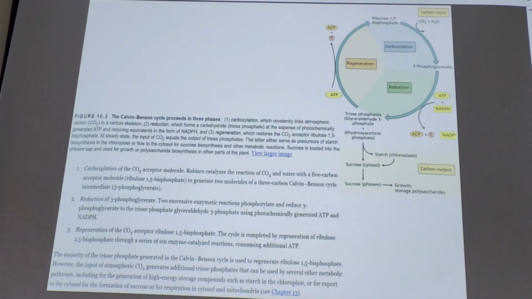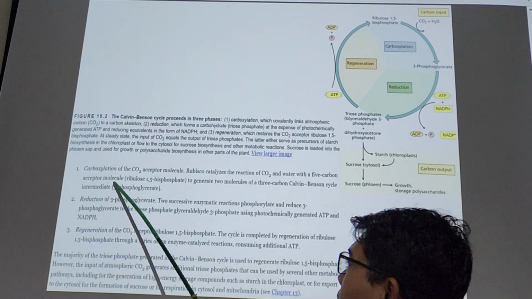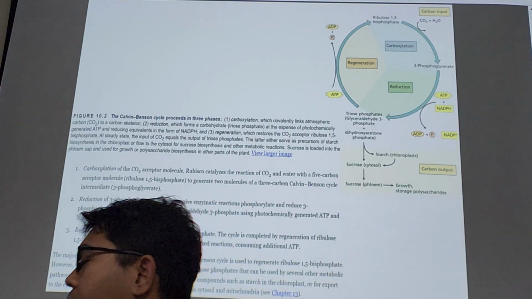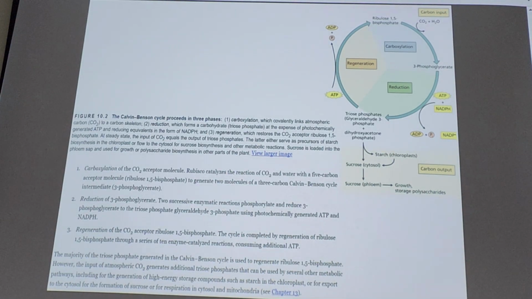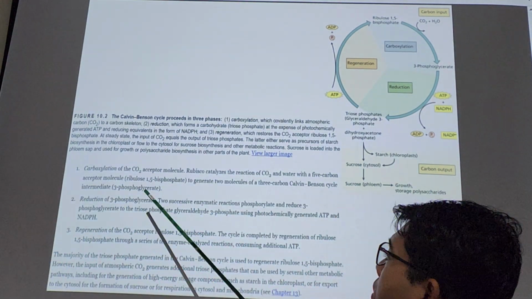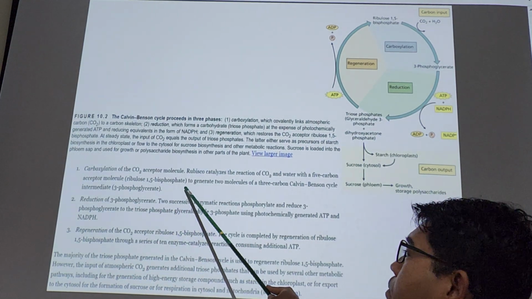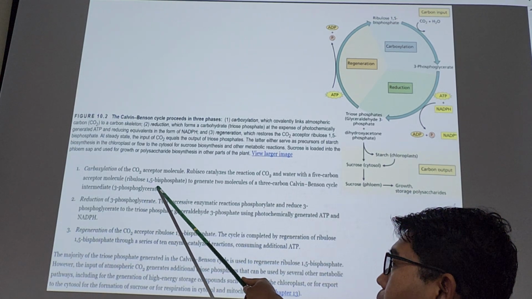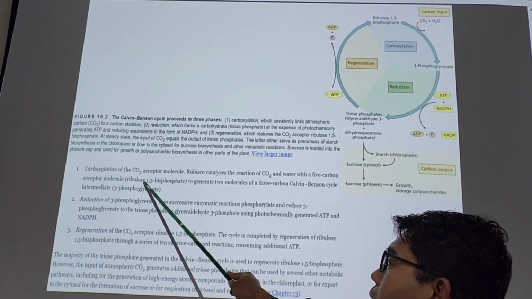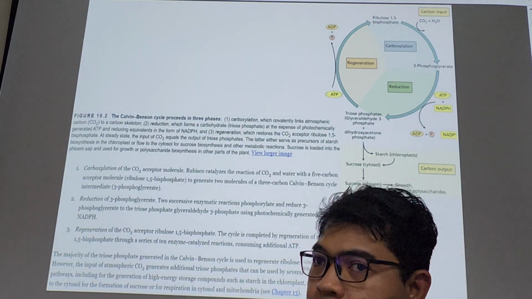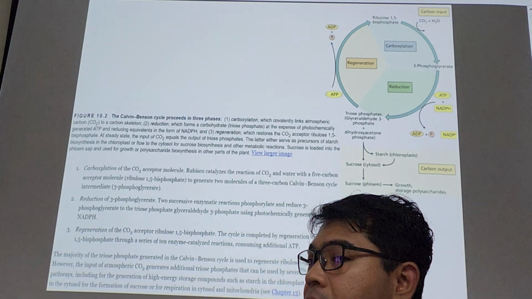So let's read this. Carboxylation is actually the action on an existing sugar molecule. In the chloroplast, there's already a 5-carbon sugar molecule called ribulose 1,5-bisphosphate. The 1,5 means that in the carbon chain, carbon number 1 and carbon number 5 have a phosphate group attached. Just to refresh your biochemistry.